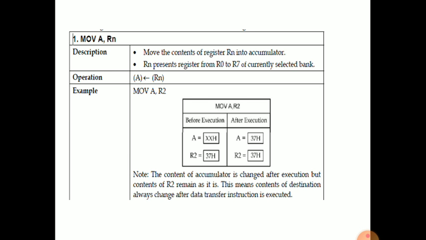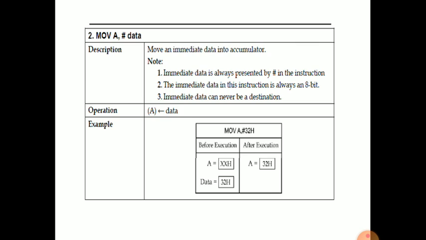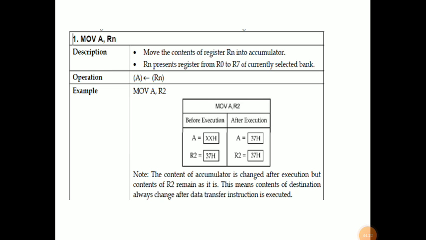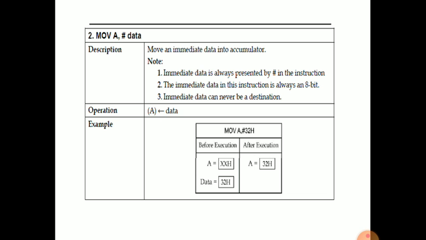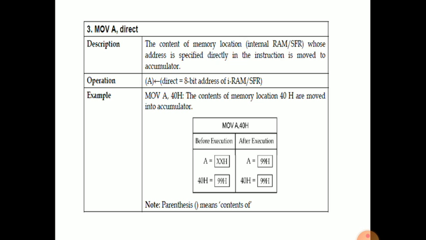And after that we have seen up to 8 instructions in this. You can remember the names: MOV A, Rn, where contents are moved onto the accumulator; MOV A, #data, where direct data is copied onto the accumulator register; MOV A, direct, where the address is given, the contents have to be fetched from the direct address and copied onto the accumulator.